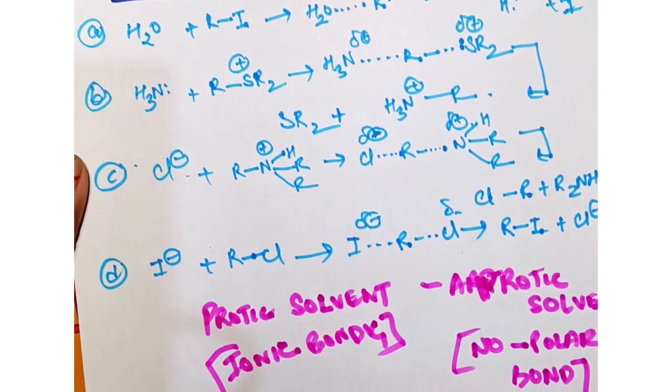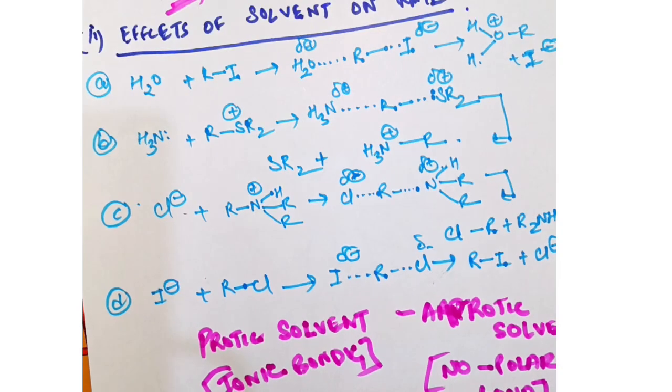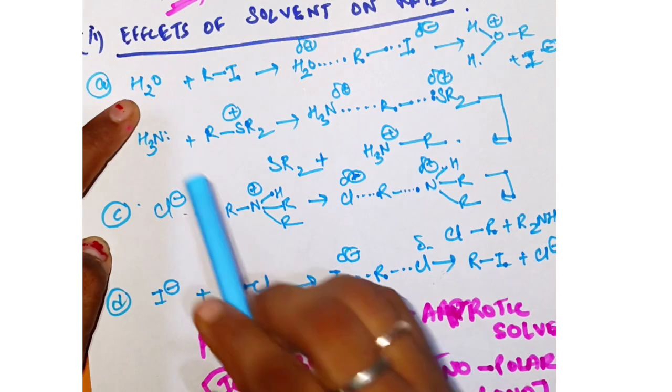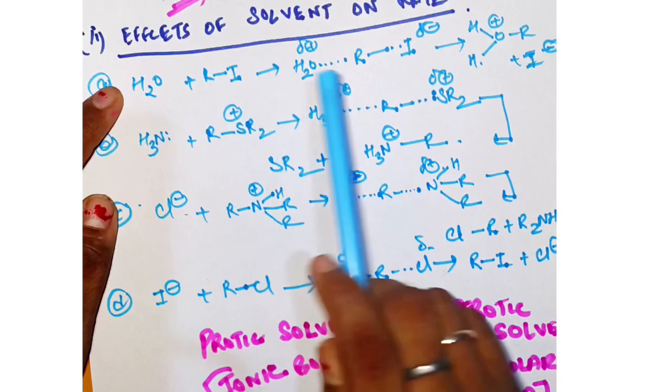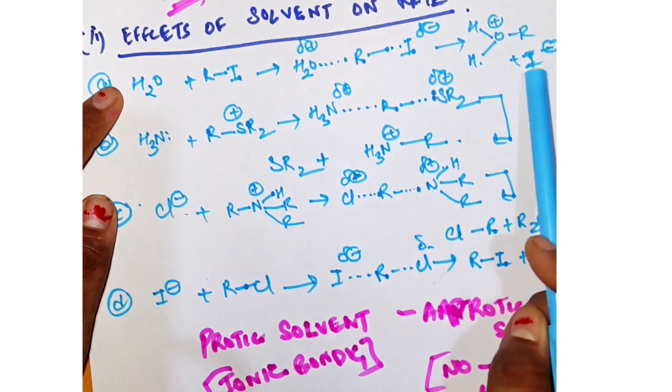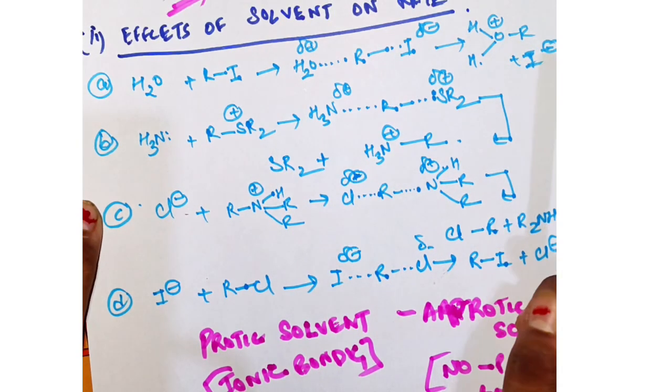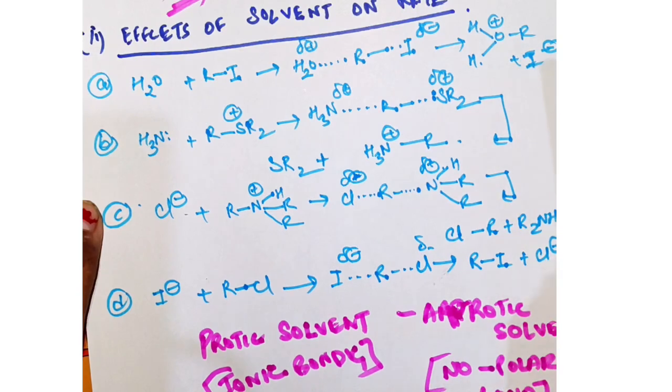So see here, depending on the nature of the incoming nucleophile and that of the leaving group, the SN2 reaction may be classified into these four types. The first one is where the nucleophile is neutral but the leaving group comes out as an anion. In that case, a solvent which stabilizes this anion will be good for the SN2 reaction.